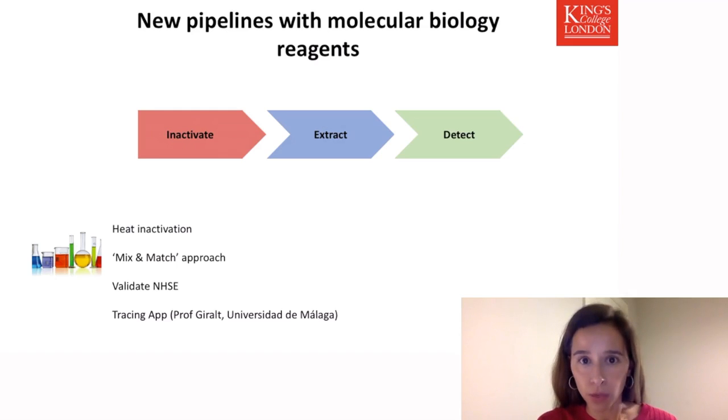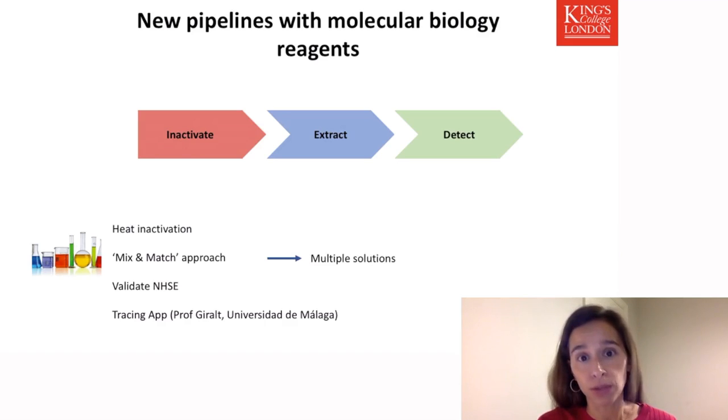We have been using a mix and match approach, which allows us to mix different reagents that we usually use in molecular biology experiments rather than in clinical diagnostics, validate them through NHS England, and we have also been incorporating a tracing app for our samples thanks to a collaboration with Professor Giralt at the University of Malaga.